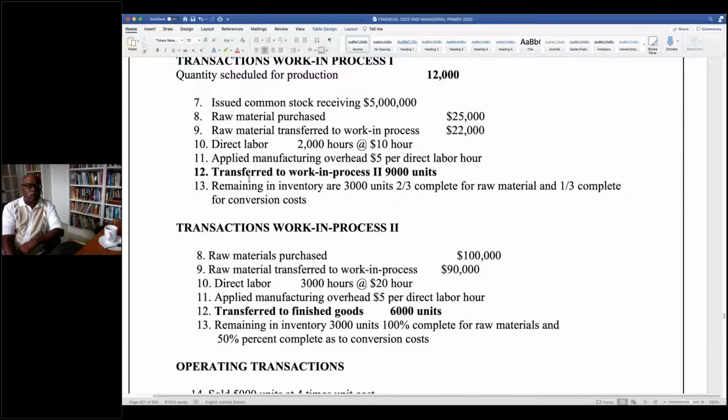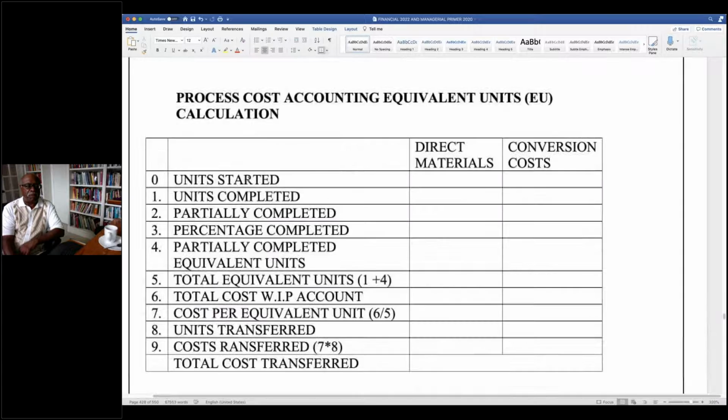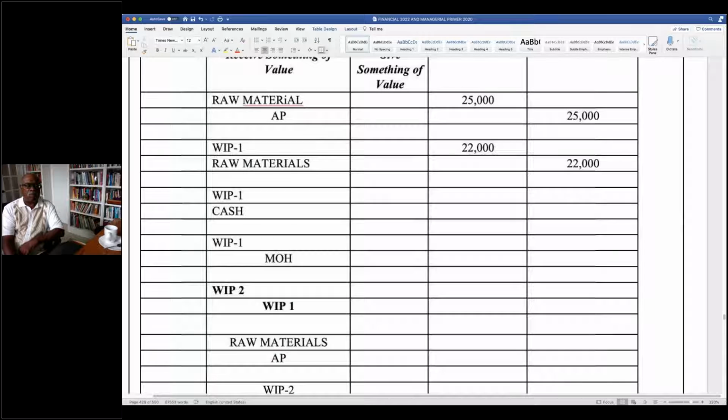So you paid the workers $10 an hour for 2,000 hours. So what's that journal entry going to be? It's gonna be work in process 1, 10,000. We debit 10,000, and then manufacturing overhead 10,000. Oh wait, no. Work in process 1 is gonna be 20,000 and cash 20,000. Sorry.